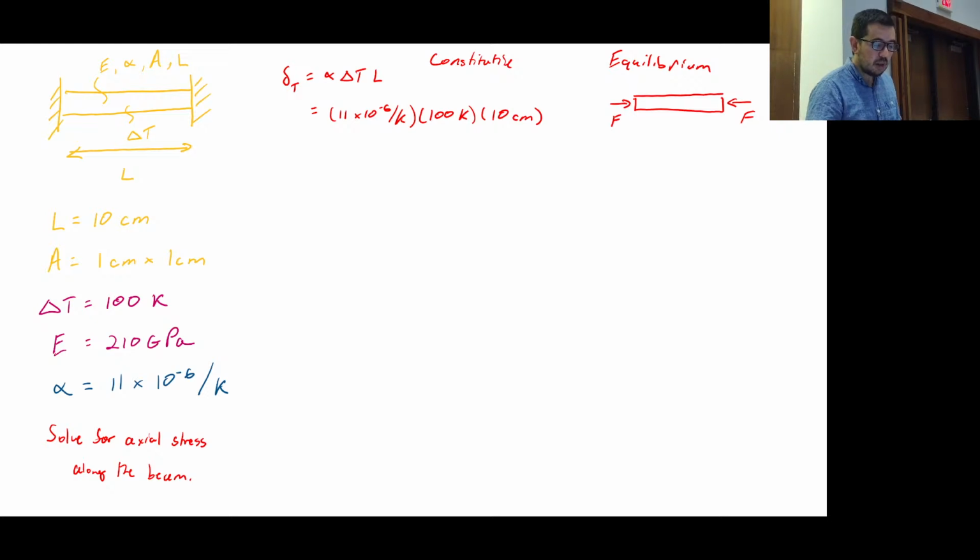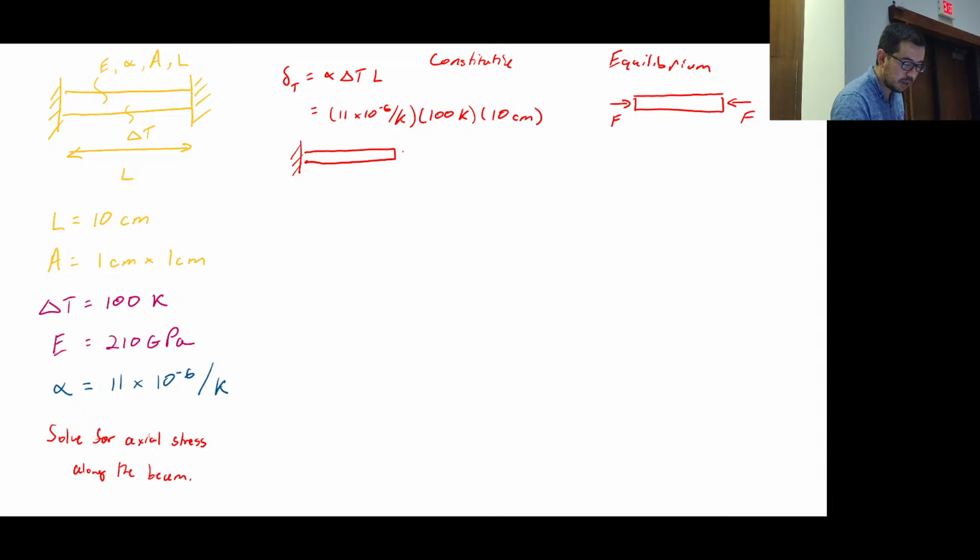But if I'm interested, so this is the unconstrained, right? So what we've done here is we've said, okay, we're doing the unconstrained displacement, right? And so it's going out a little bit, and we're saying that this is our delta t, right? And so now we're going to say, oh, I've got to apply a force that overcomes that delta t.